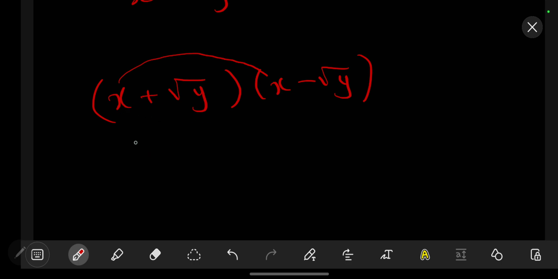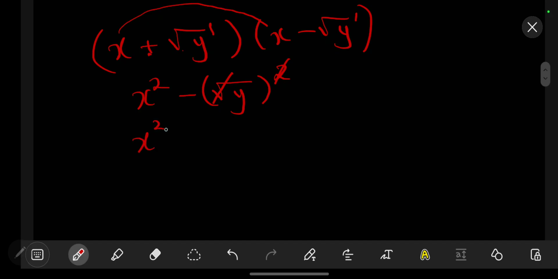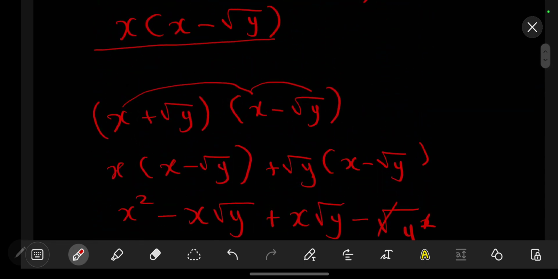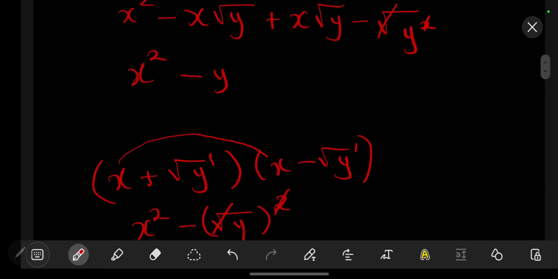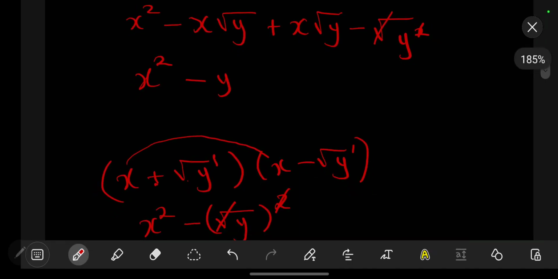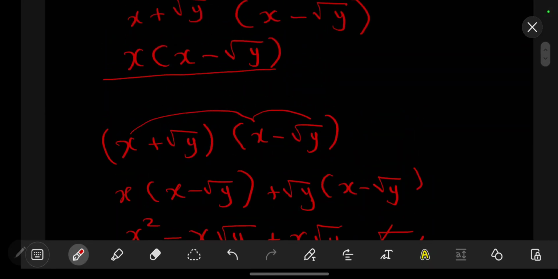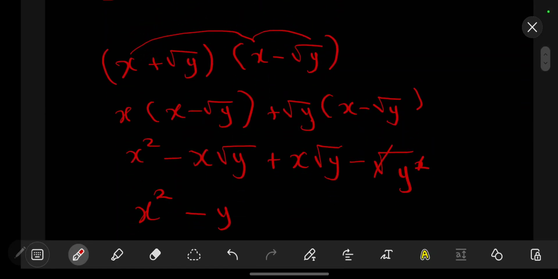So x times x gives us x squared, then positive times negative will be negative, then we have y, this is the same, so take one base and add the power, so the power will be a 2. We cancel this 2 with this 2, so we have x squared minus y. This is the same answer that we have gotten for this problem. So knowing that, we can use this each and every time.